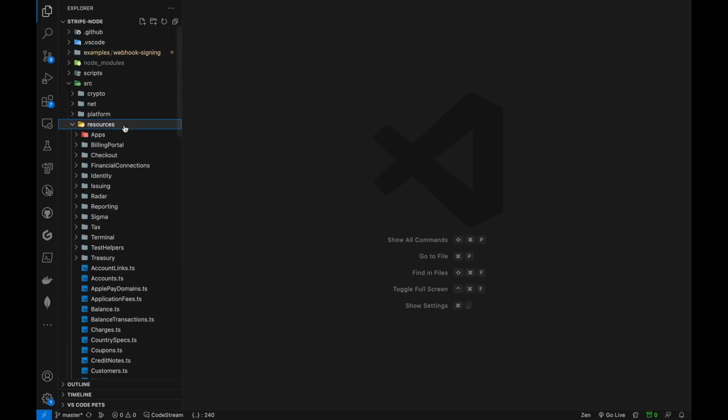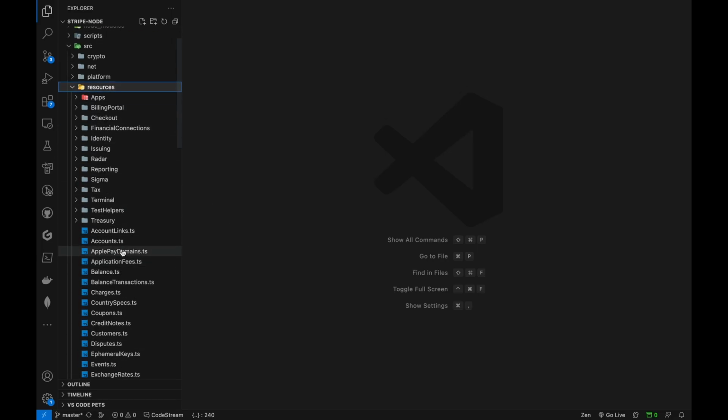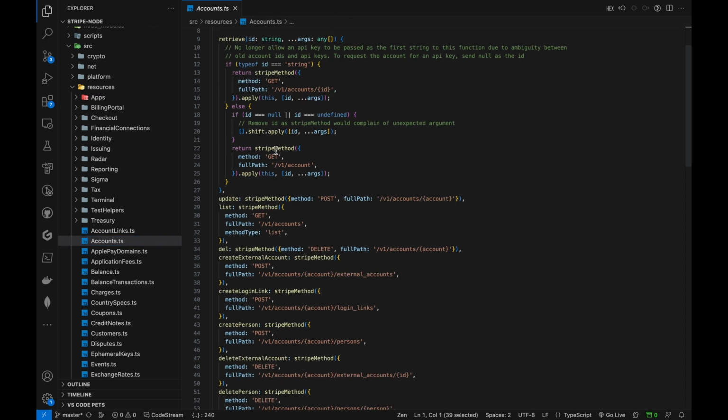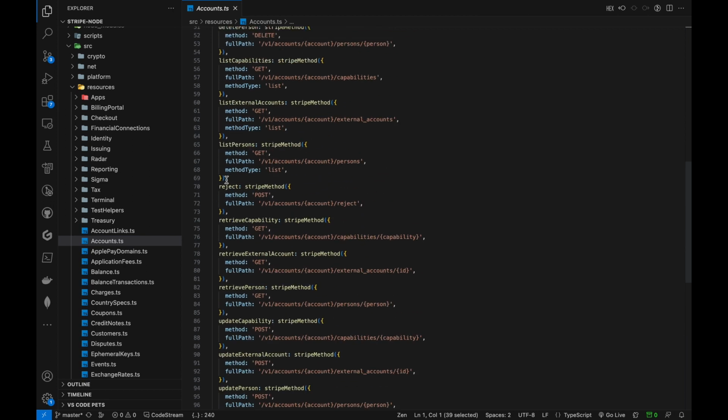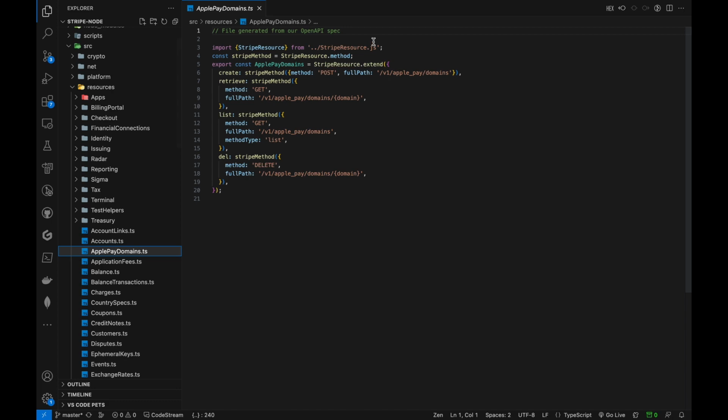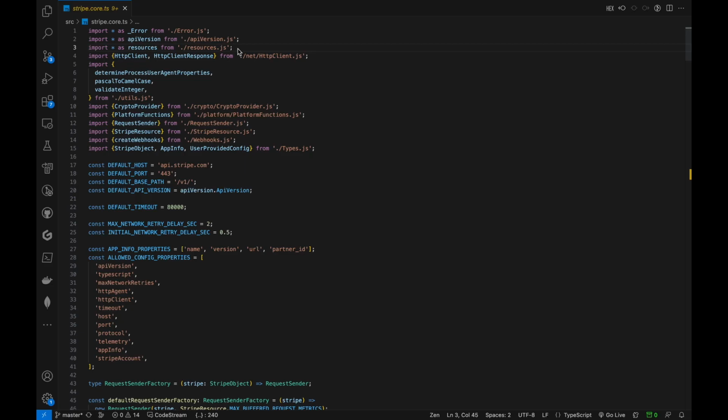The third layer is the resource layer that gets generated by Stripe's codegen tool. And this is the actual translation of the OpenAPI specification into code. The resources defined in the resource layer are what get consumed by the composition layer.